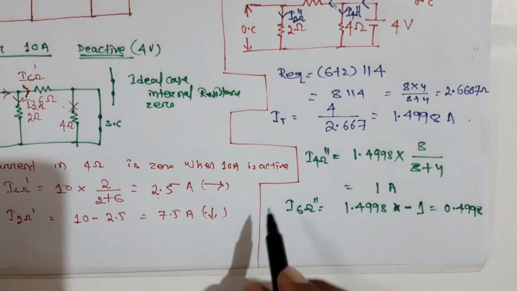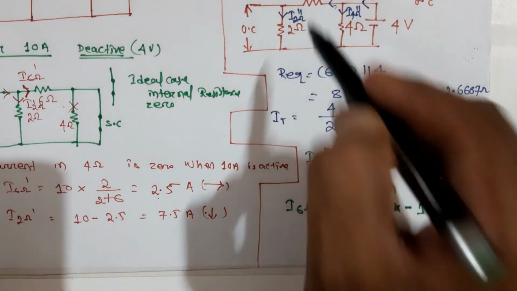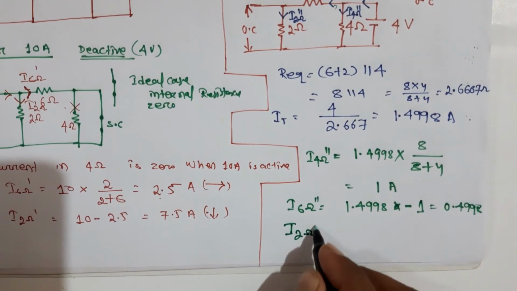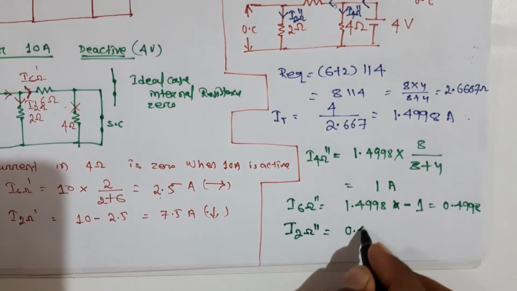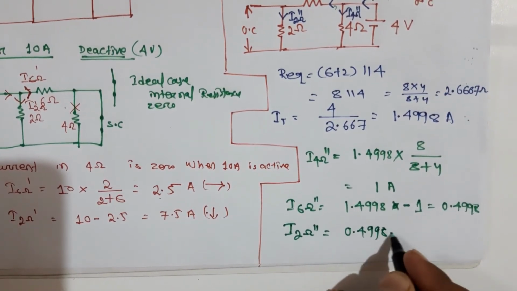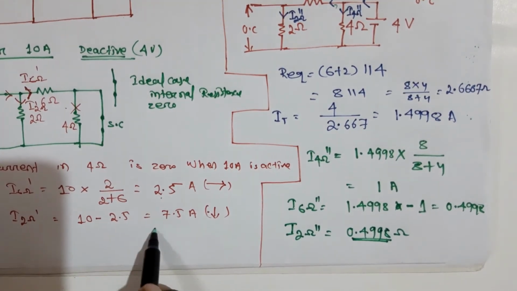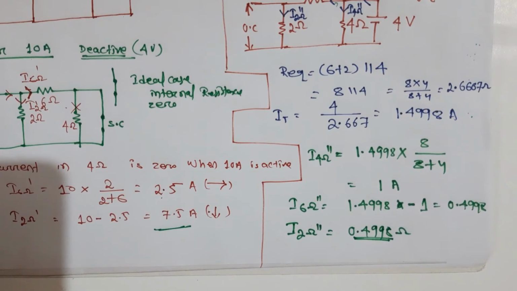Since the 6 ohm and 2 ohm are connected in series, the same current will flow in 2 ohm also, 0.4998.